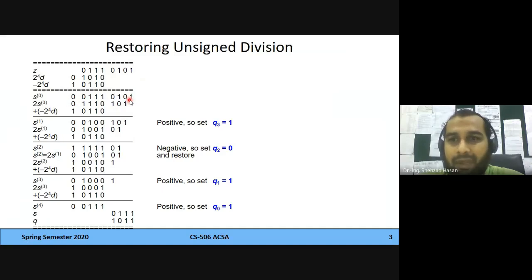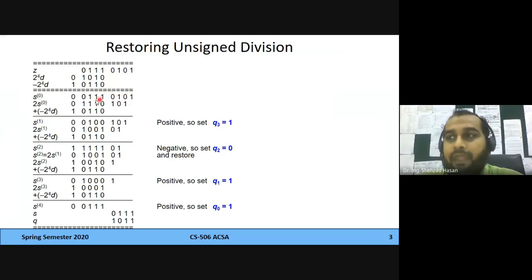The remainder is going to come in k bits, but we have initially reserved 2k bits for it, and this is eventually going to shift to the left after 4 steps, and we are going to get our 4 bits.